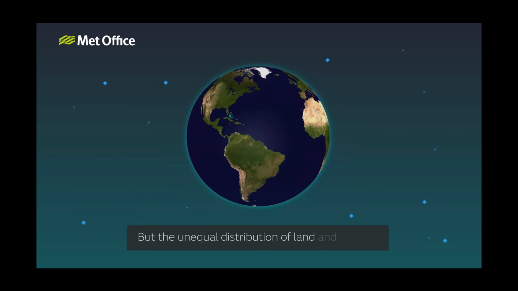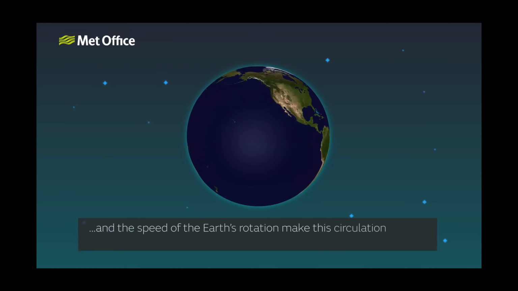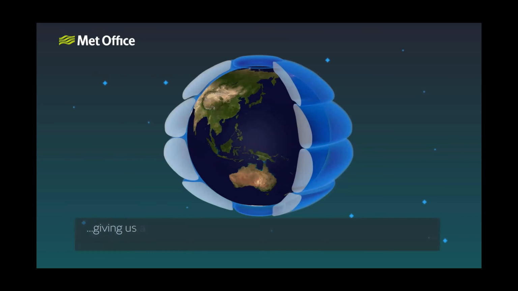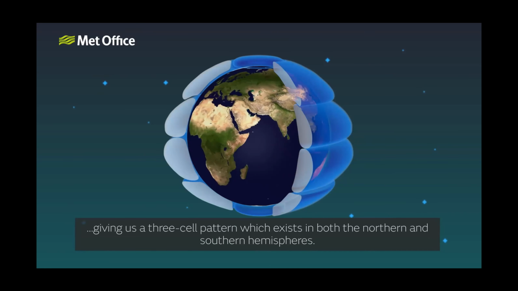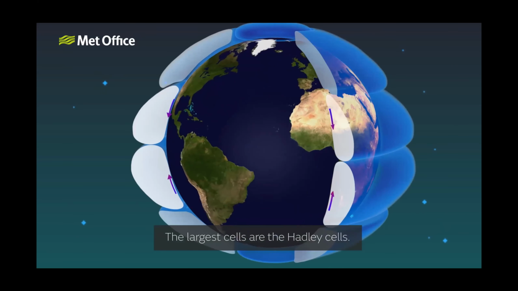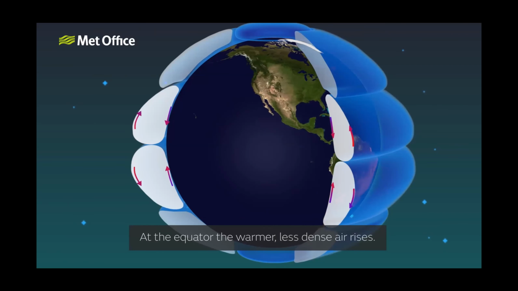But the unequal distribution of land and ocean and the speed of the Earth's rotation make this circulation system more complicated, giving us a 3-cell pattern which exists in both the northern and southern hemispheres. The largest cells are the Hadley cells. At the equator, the warmer, less dense air rises.